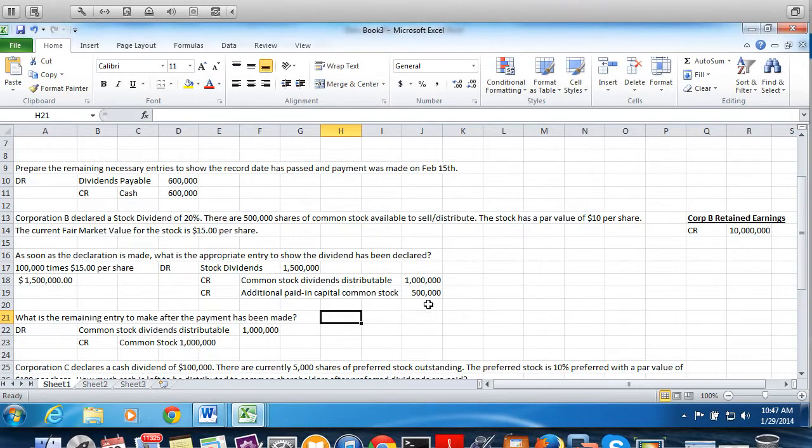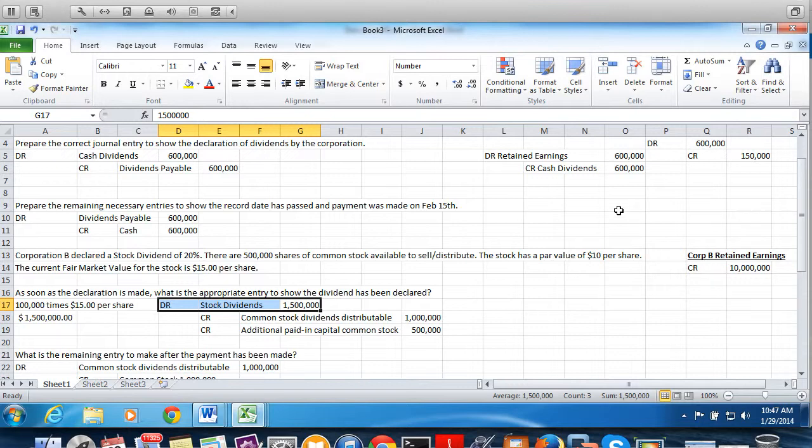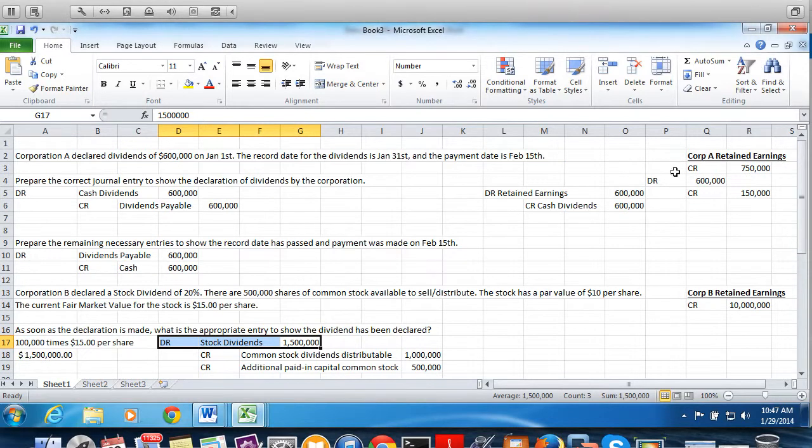But again, this entry here, whoops, right there, that is what affects retained earnings. So it works just like this one up here did, where the entry that we're going to show to decrease retained earnings, the journal entry is going to look a lot like this one, except instead of cash dividends, we're going to show stock dividends.